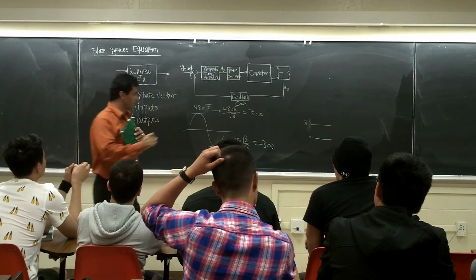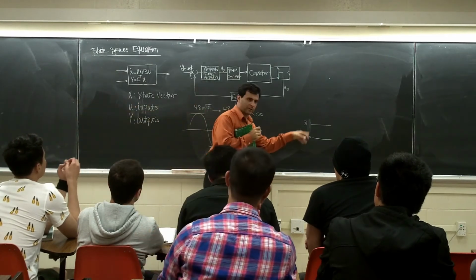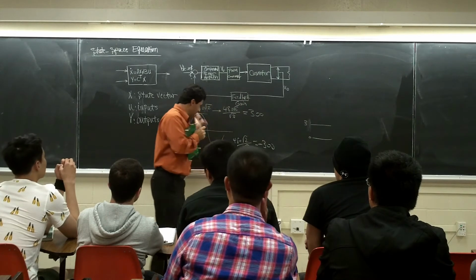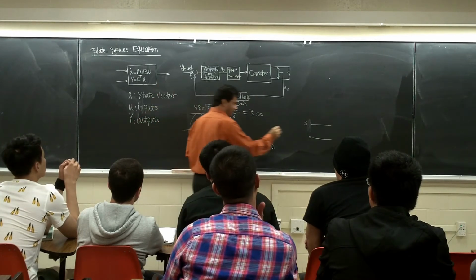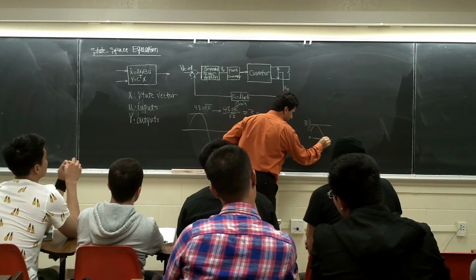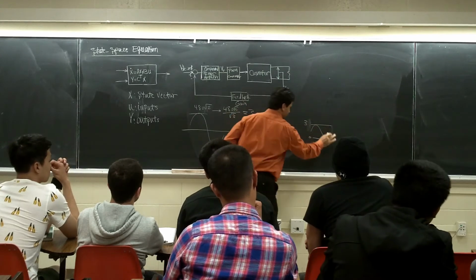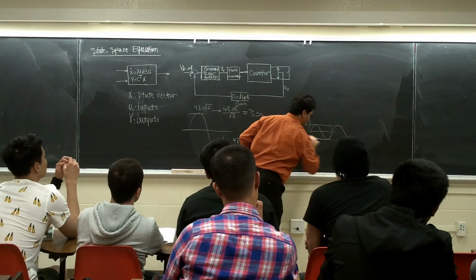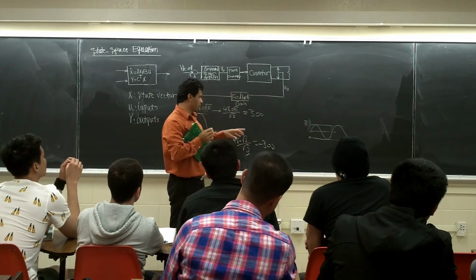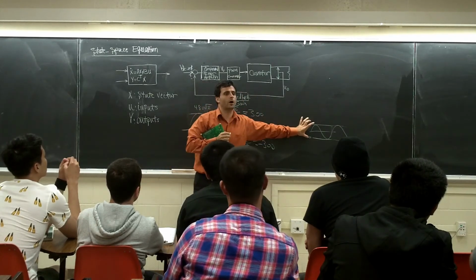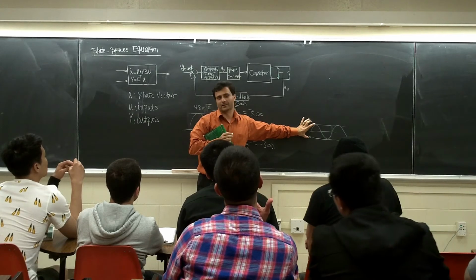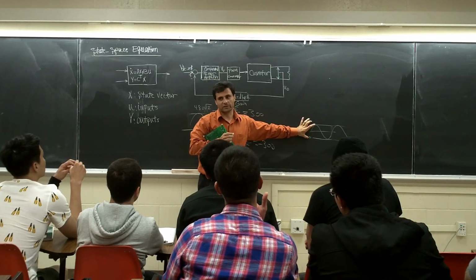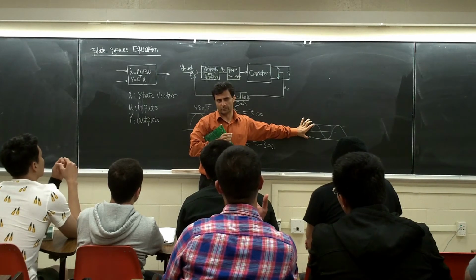We cannot do anything. So if it's 0 to 3, basically this signal should translate to this, right? So first of all, 600 should go to 3. So 600 divided by 3 is 200, right?